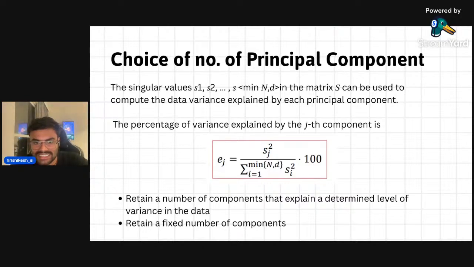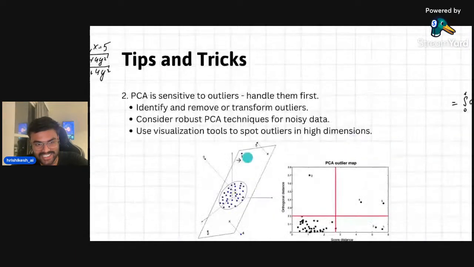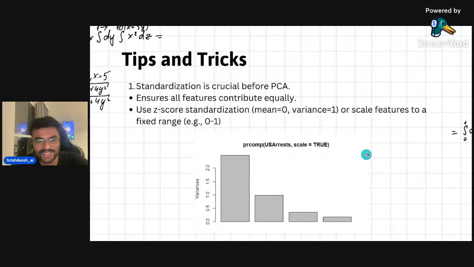Okay, I can see some questions here. Why is it necessary to center the data, subtract the mean before applying PCA, and what could happen if we skip this step? Shikha, yeah, really great question. Actually, it's there in a slide, but I will just hop onto that slide. People would ask why standardization.